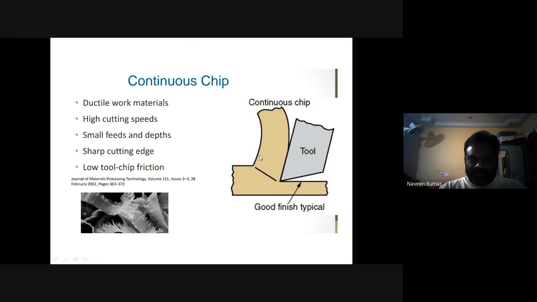Now please draw this diagram. Let me know once you are done with the diagram.